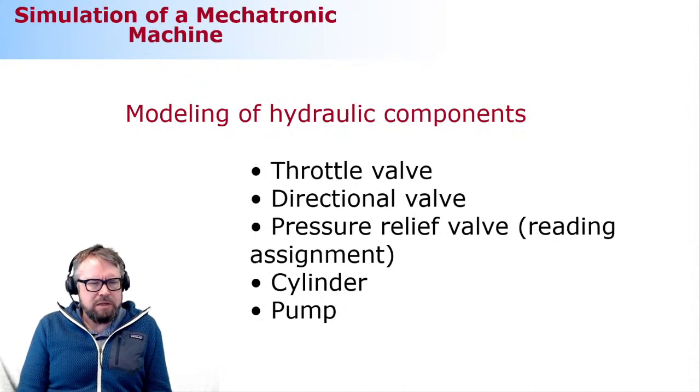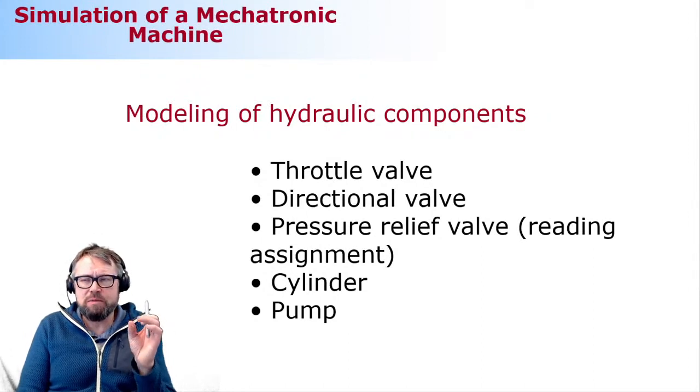Okay, so the list of components that I would like to cover in this course is a throttle valve, direction valve, pressure relief valve, which is just for your information, not particularly important, cylinder and pump. That's it. So there are two different kinds of valves, and with one valve there are no moving components.